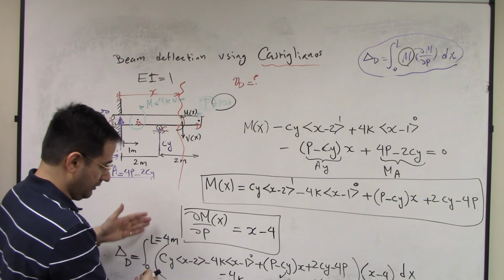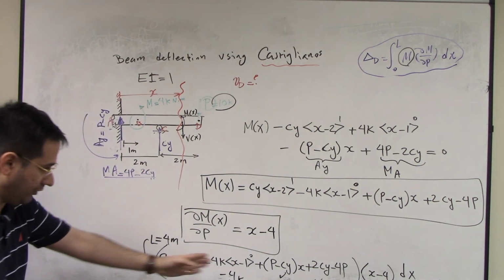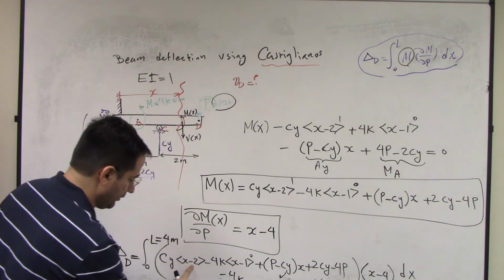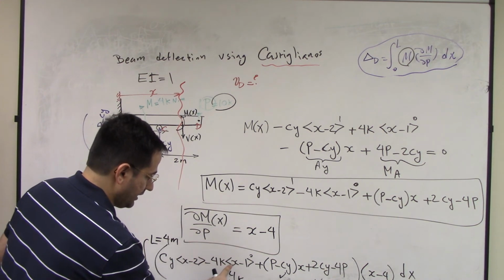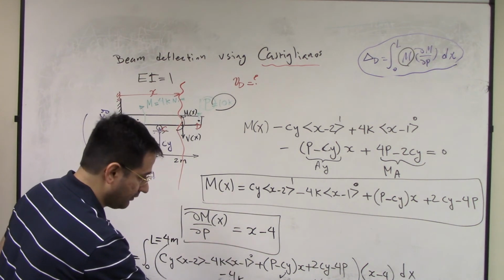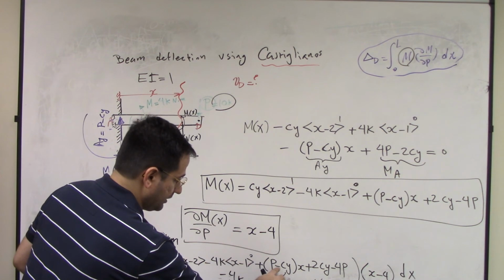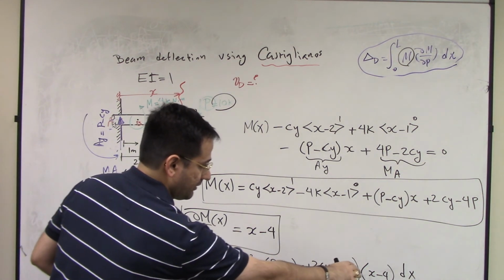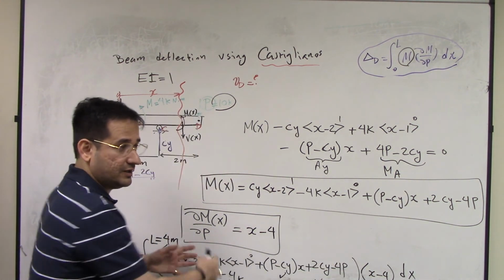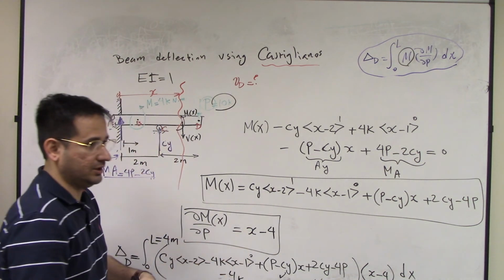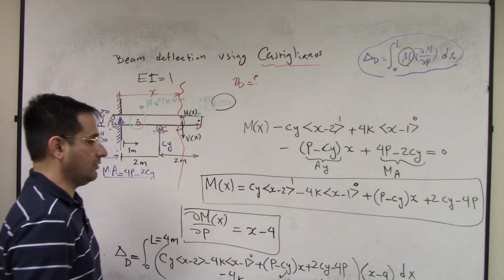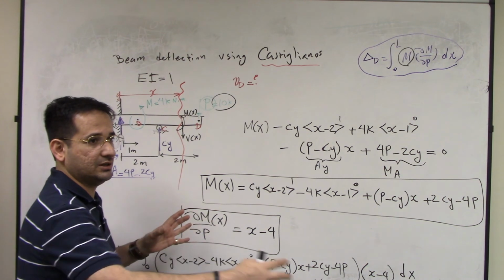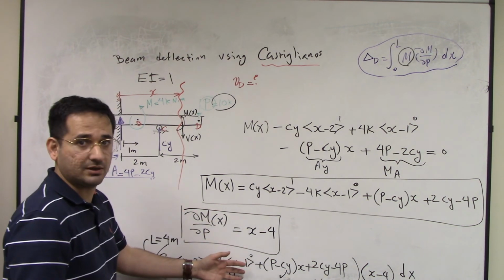This entire integral between 2 and 4, you have all of them. You have Cy times (x minus 2), negative 4k, which is just simply negative 4k, plus P minus Cy times x, times (x minus 1). So this integral is going to convert itself to 3 integrals, but they are just simple integrals.